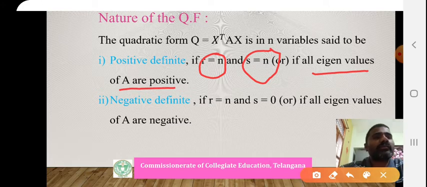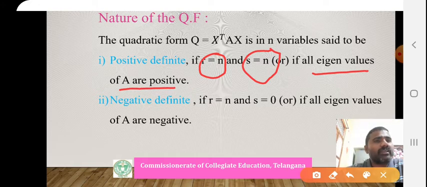If the eigenvalues of A are positive, then that quadratic form is said to be positive definite. No eigenvalue is 0 or less than 0. Or in other words, R equals n and S equals n, then it is positive definite.